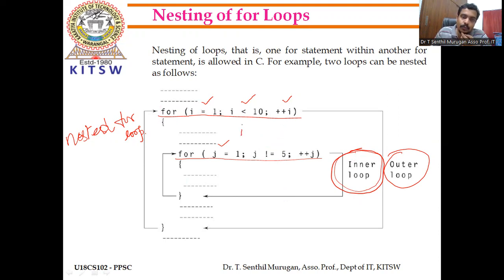So the i value is 1. But the j value goes 1, 2, 3, 4, 5. Up to this point it will work, with j not equal to 5. When the j value reaches 5, it will be executed, and then only it will come out. Then the i value will be incremented. Clear.